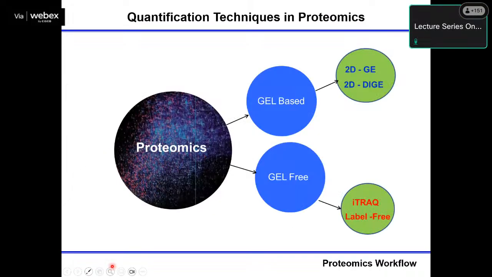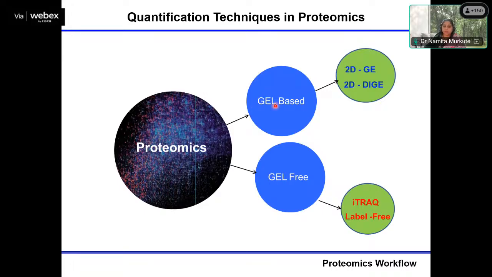Okay. So proteomics has two different types of quantification techniques: gel-based and gel-free. As we know, we do polyacrylamide gel electrophoresis for identification of protein by using Western blot.